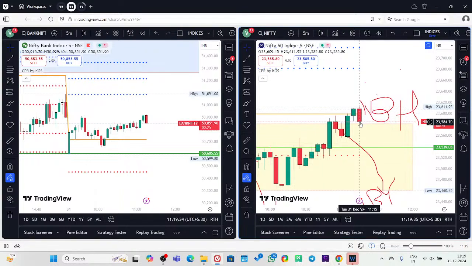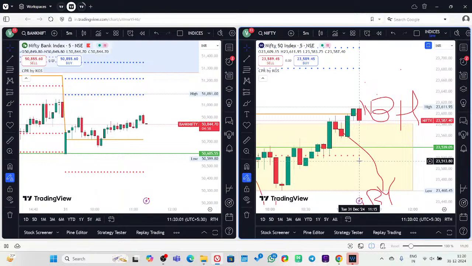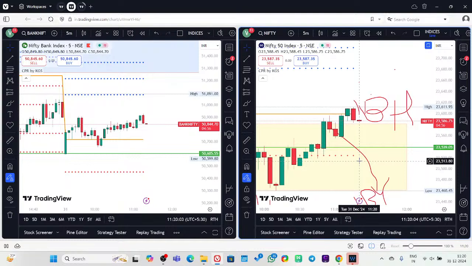Now it is looking like a perfect red candle. Okay, that's a red one.